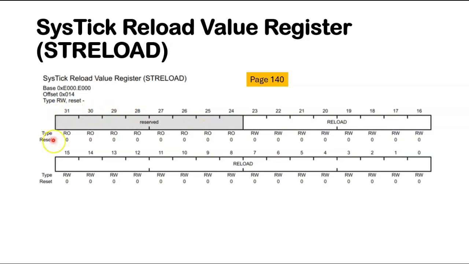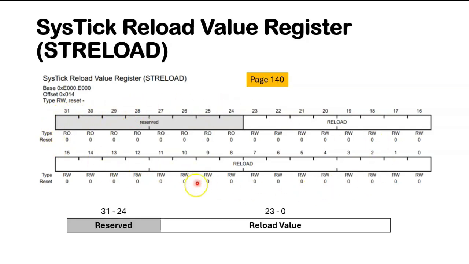And notice again it's a 32-bit register, and I summarize it with this diagram here. So the reload value register is actually from bit 0 to bit 23. So it is a 24-bit register. Please take note of this.